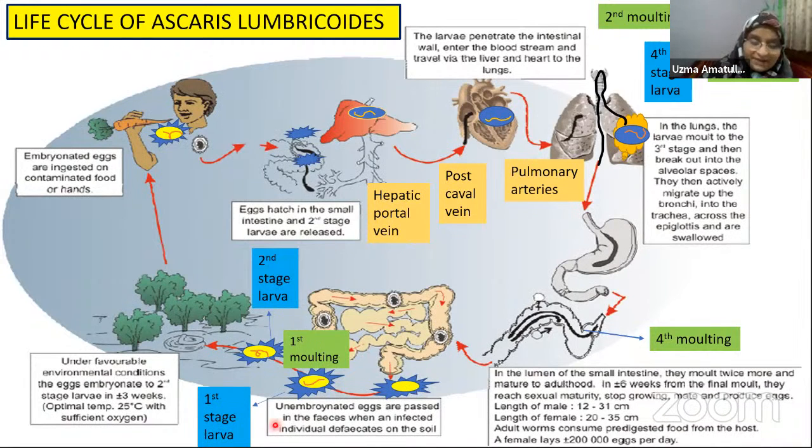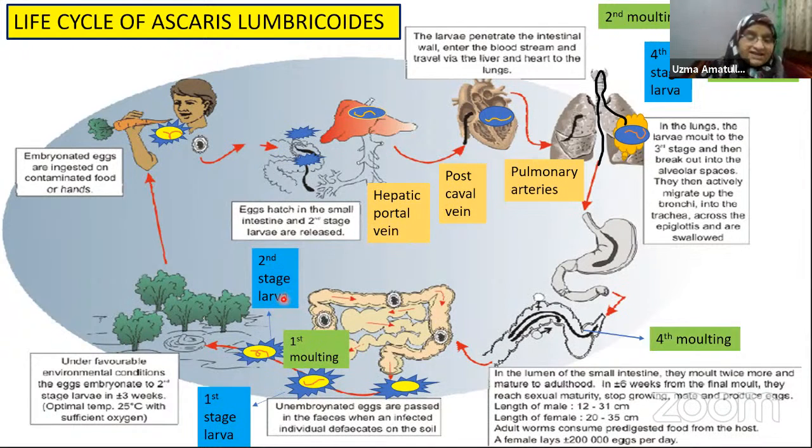Now, after some time, first molting takes place. Molting means shedding of the older skin. After the first molting, this larva will transform into the second stage rhabditiform larva.